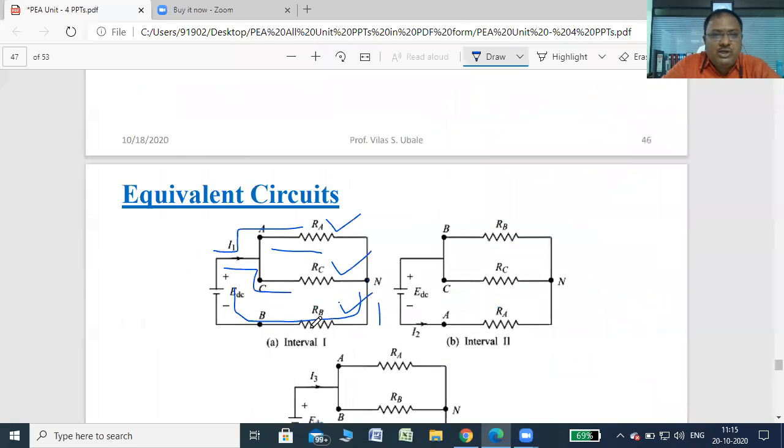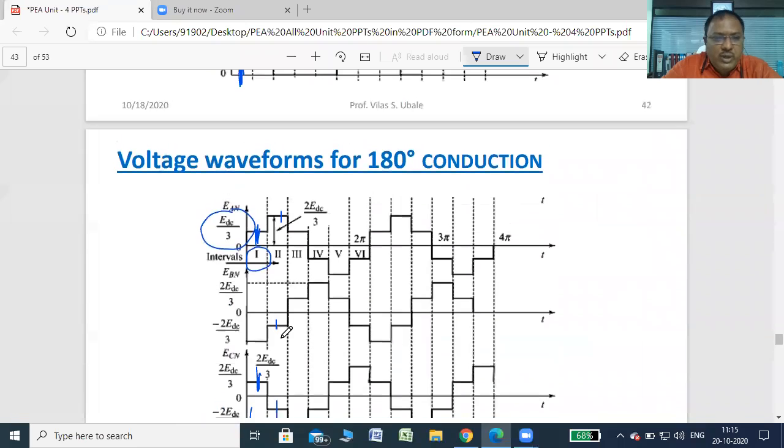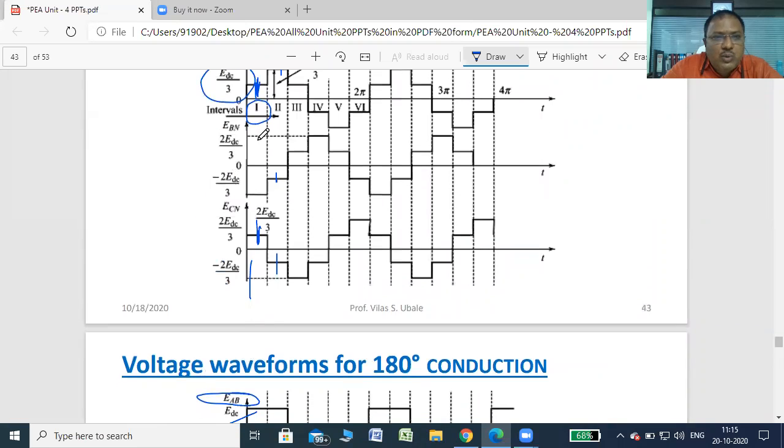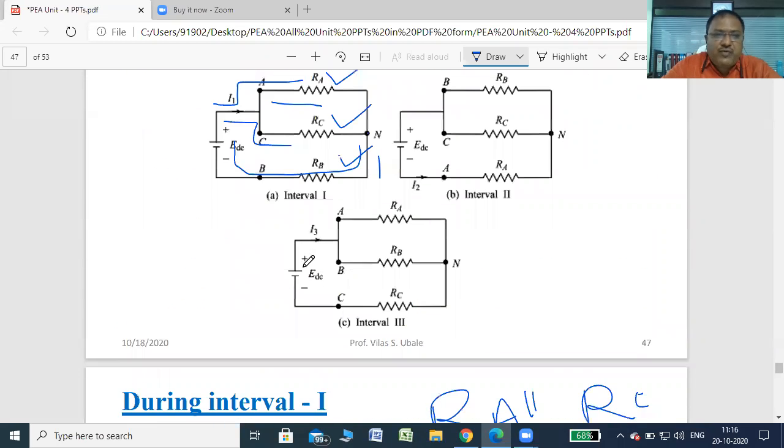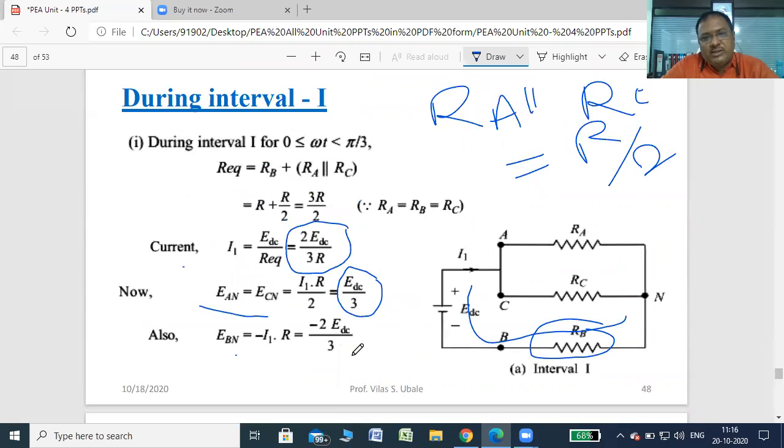Check the EBN voltage in the output waveform. EBN equals minus twice EDC by 3. This is the level. So this voltage is found from this particular equivalent circuit. This is EBN, and this is EAN and ECN for the first interval.